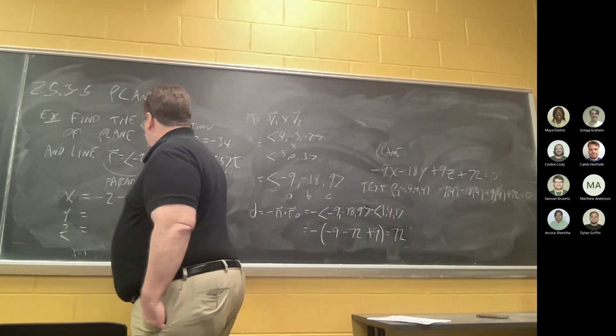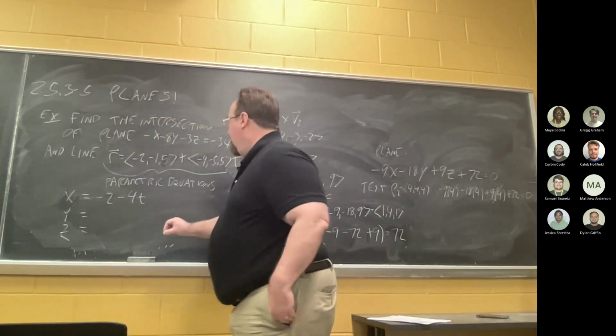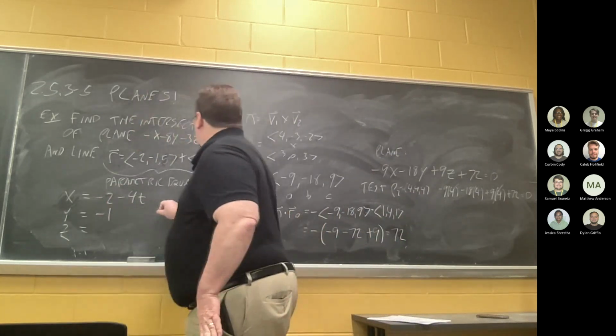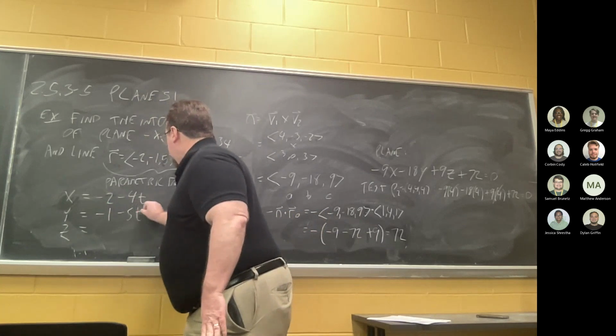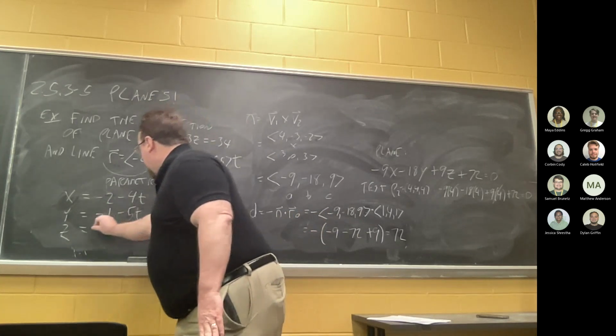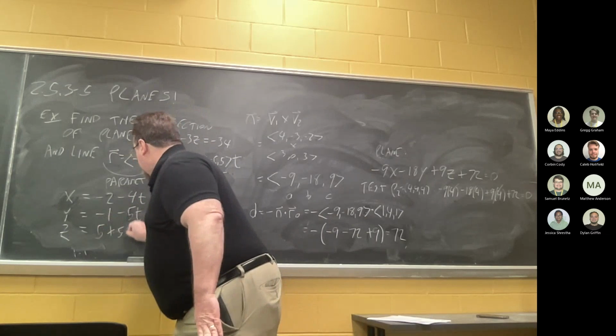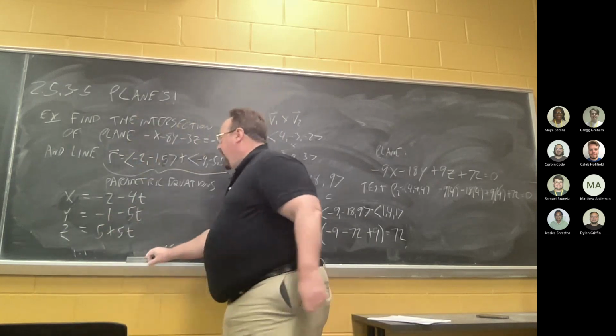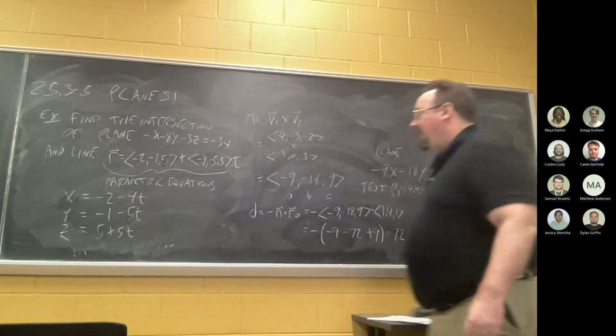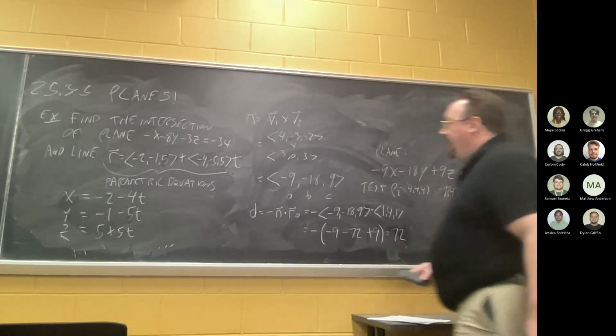Minus 1 minus 5t. 5 plus 5t. Okay, so now we have the set of all x's, y's, and z's that belong to this line.